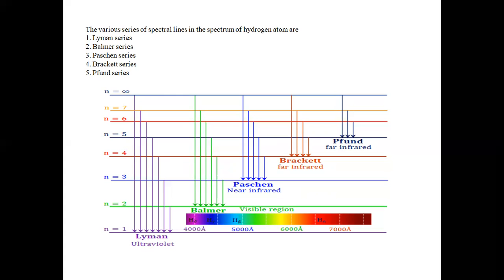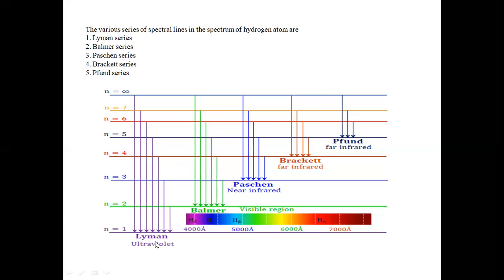The Lyman series is produced when the electrons jump from the second, third, fourth, fifth, sixth, seventh level, or maybe from the infinity level.